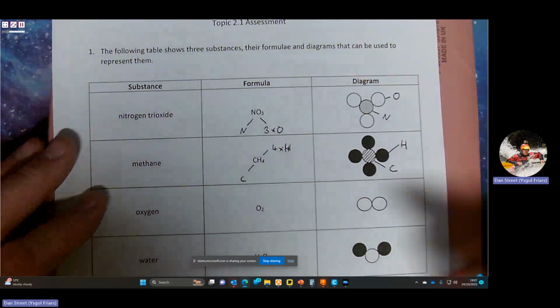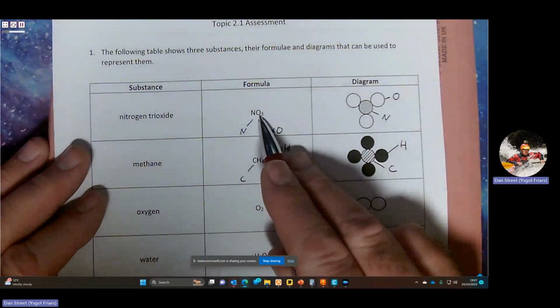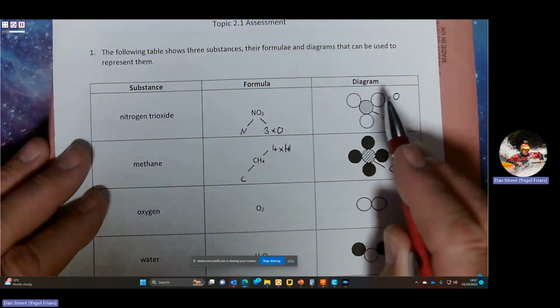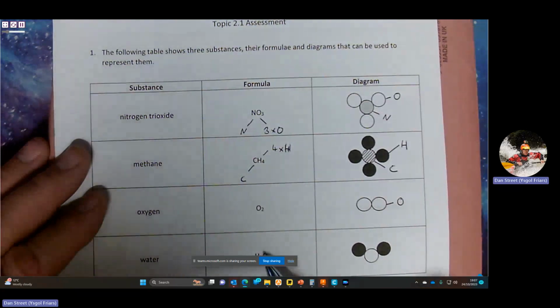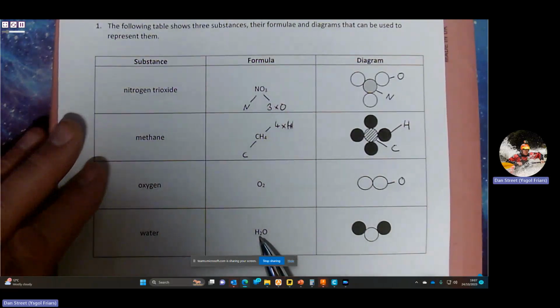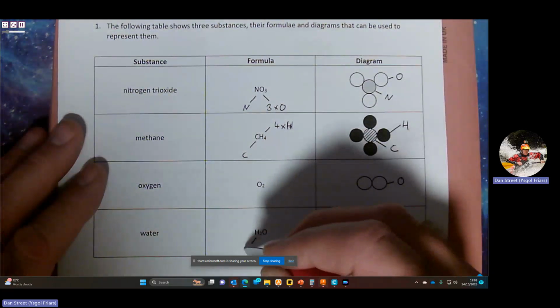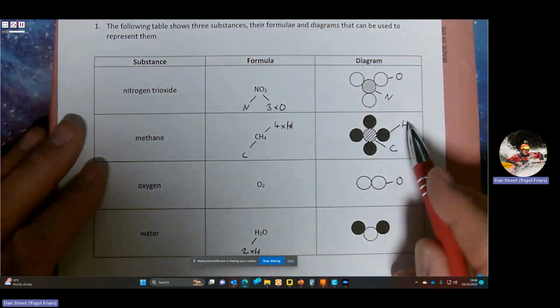atoms. Now we can see here O2, and if we have a look at the top here, we've got O up here as well. So we've already worked out that the white circles are oxygen atoms. And then finally we've got H2O at the bottom. And we've already seen from a previous question that hydrogens, and there are 2 hydrogens obviously, so that's 2 times H, they're represented by a black circle.